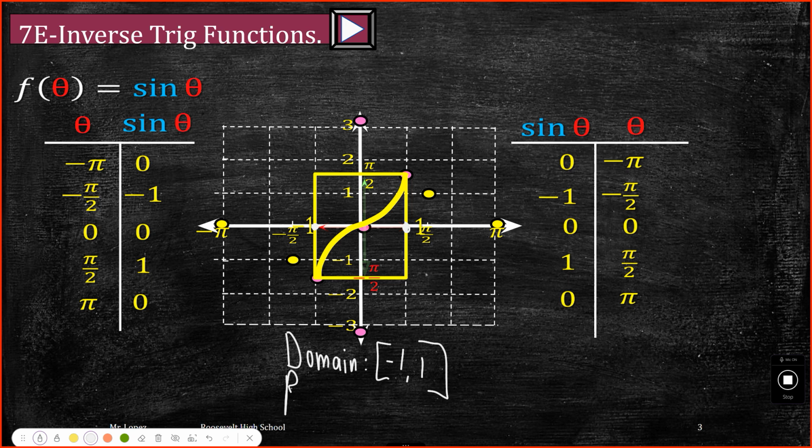And the range will be what? Of this function. What's the lowest it goes? Negative what? No, it's this number here. Negative pi by 2, all the way to pi by 2.